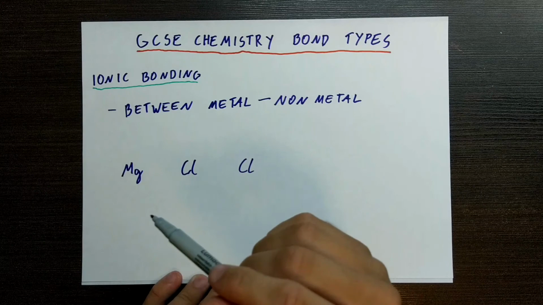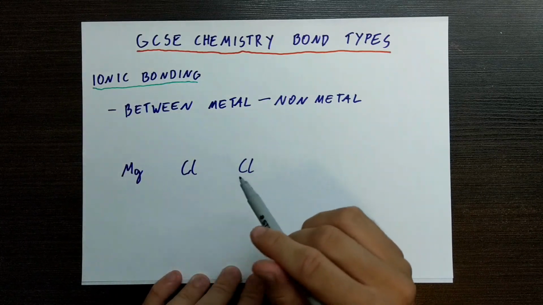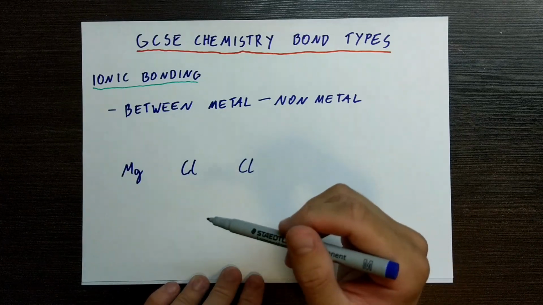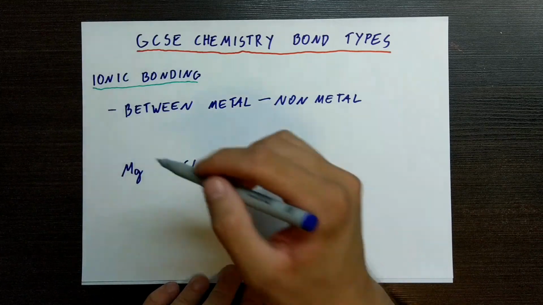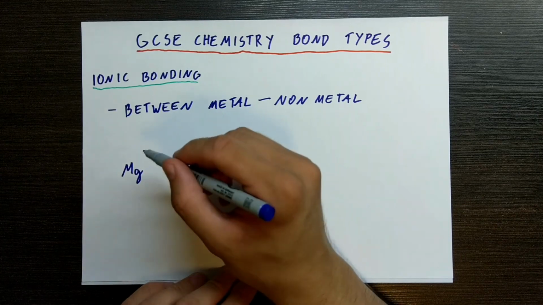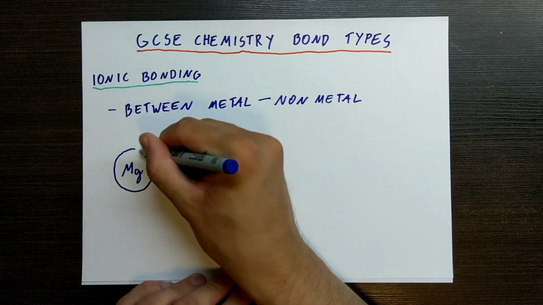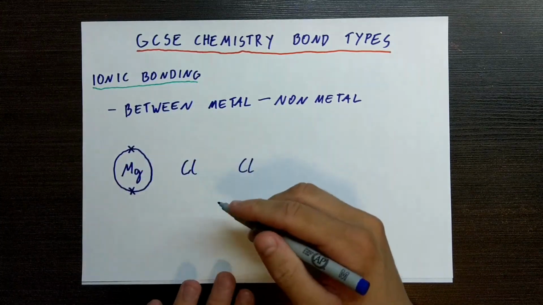The trick to figure out how many electrons are in the outer shell is by simply looking at the group that this atom is in in the periodic table. For example, magnesium is in group 2 in the periodic table. Therefore, it has 2 electrons in the outer shell.